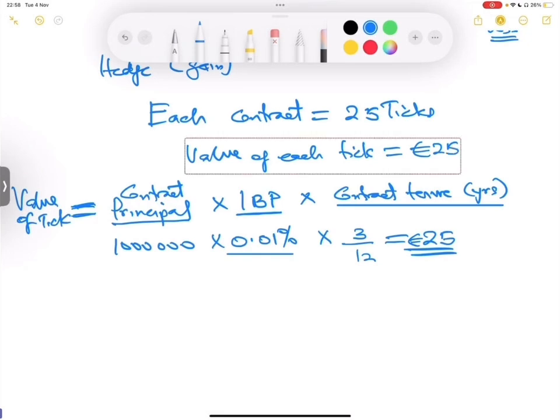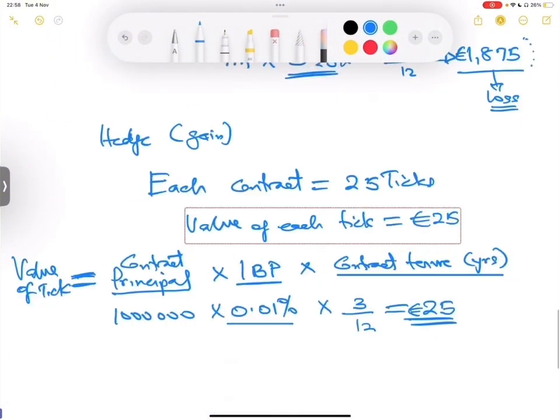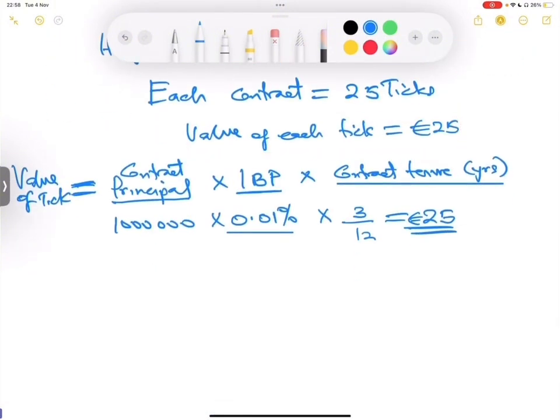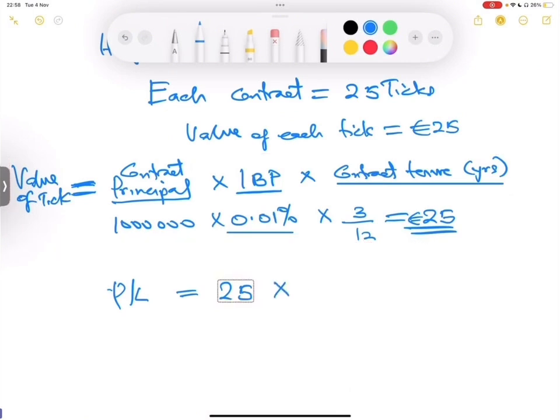And how many contracts do we need? 3 contracts. So which means the profit or loss straight away is equal to the 25 ticks, because our interest has moved 25 basis points, times the value of each movement, that is 25 euro.